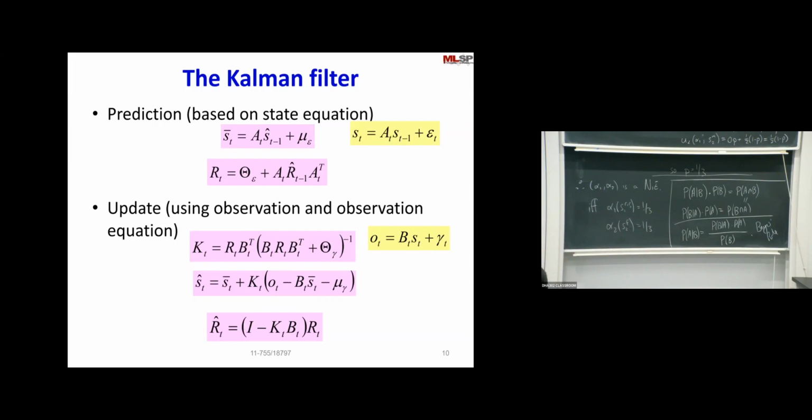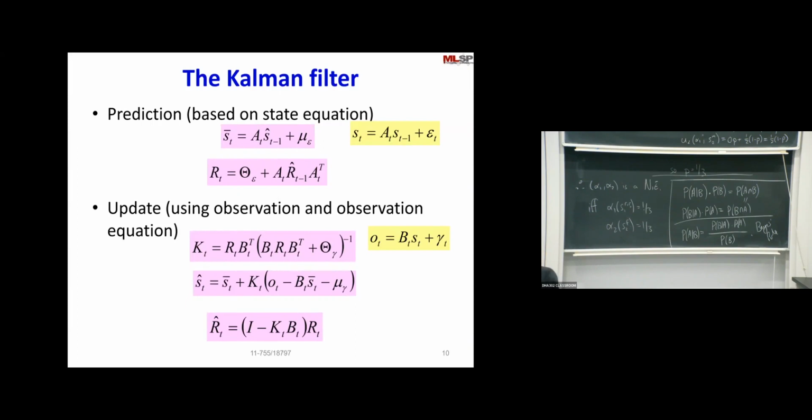So you have some s hat t minus 1, the estimated state at time t minus 1. And if you just plug that into the state dynamics equation, you're going to get the prediction for the state at time t, right?